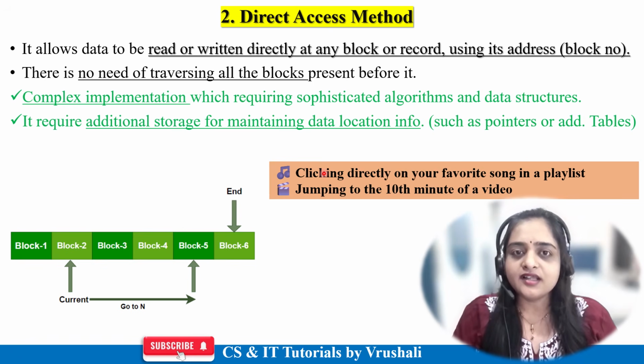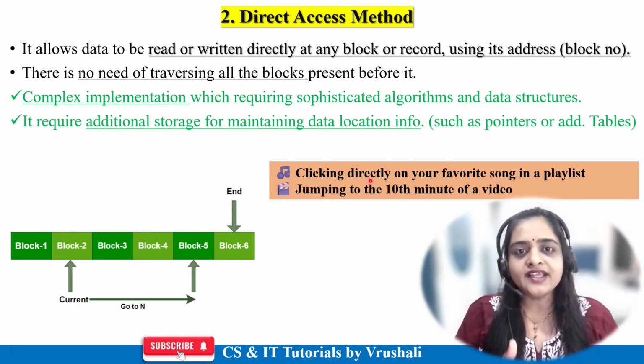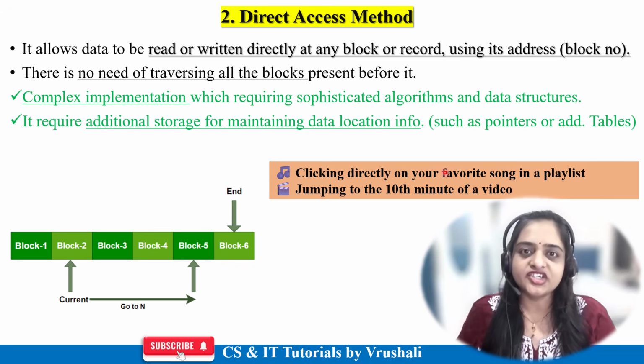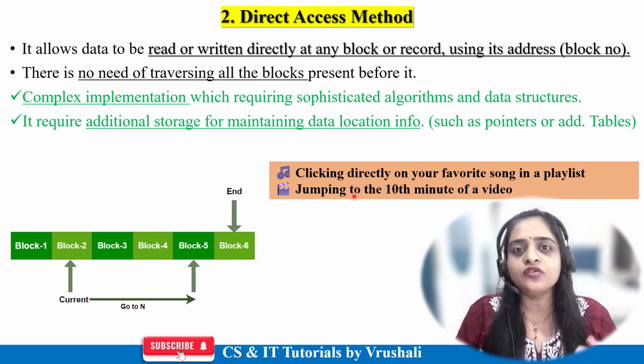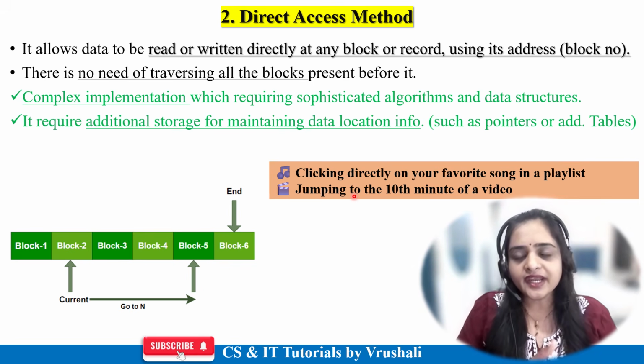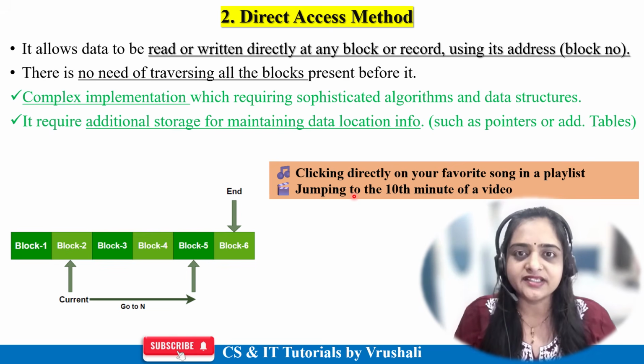The real life example is while listening to songs, you just click on your favorite song, right? No need to search for a particular song sequentially. Again, if you want to watch a particular video, you can directly move forward at 2x speed, 5x speed, right? So this is called the direct access method.